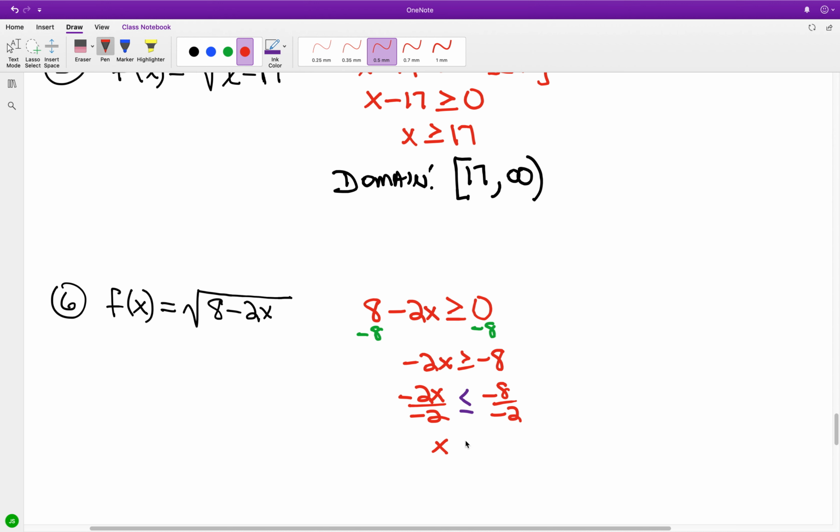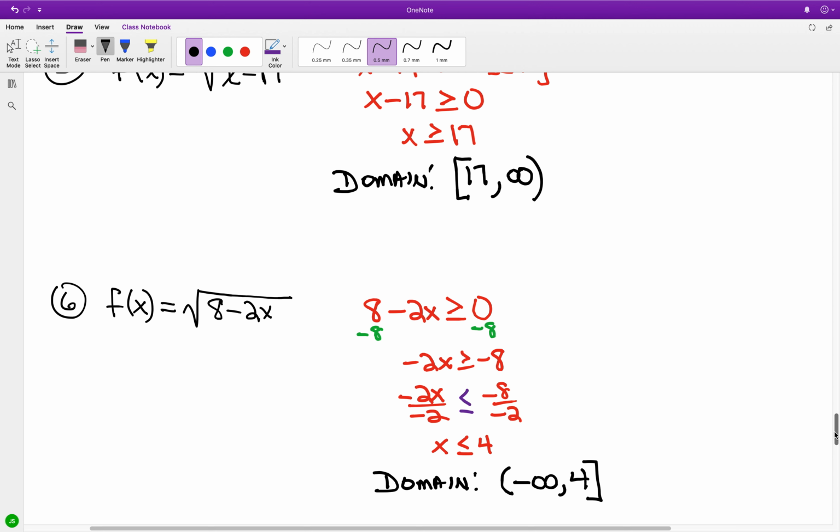So here, we're going to have x is less than or equal to 4. And if I symbolize the domain in interval notation, we go from negative infinity, approaching and including the value of 4. And so this is how that will appear.